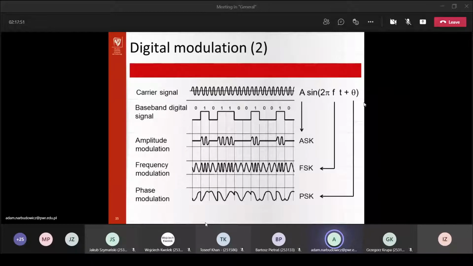So it doesn't require you to use this wider bandwidth that I was talking about. You can still have somehow controlled phase, and the system would work. And this is what is described here.